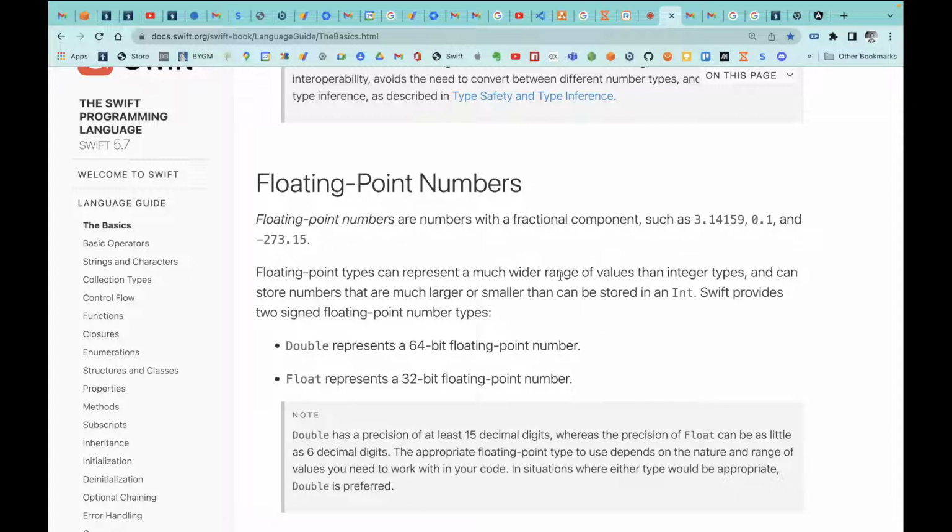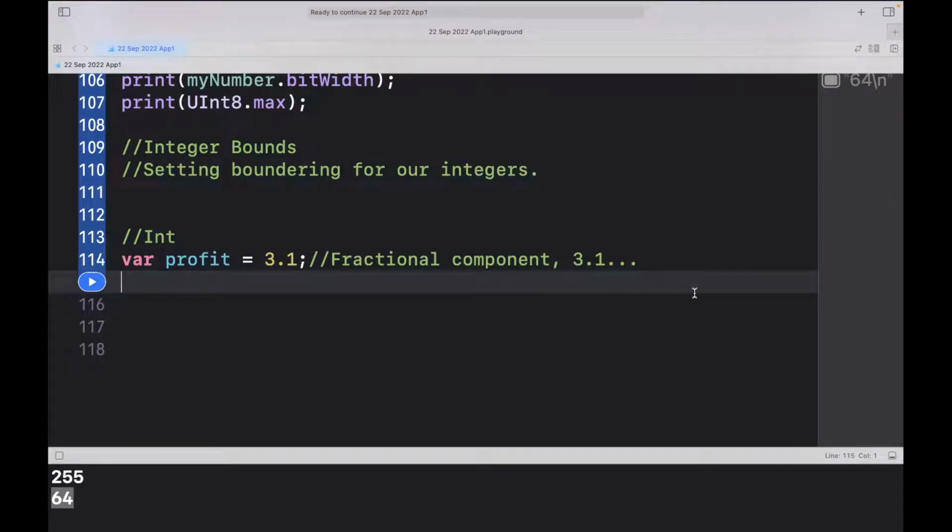Floating point types can represent a much wider range of values than integer types and can store numbers that are much larger or smaller and can be stored in an int. Okay, I think that's typecasting here. We may be able to reverse the number back to an integer. For example, we have 3.1.